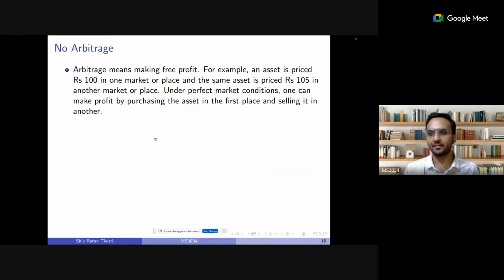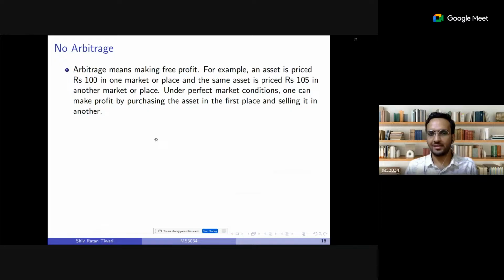So for example, there is one asset. Take a simple goods example: apples in one part of the city are selling at 100 rupees, and in another place they are selling at 105 rupees.